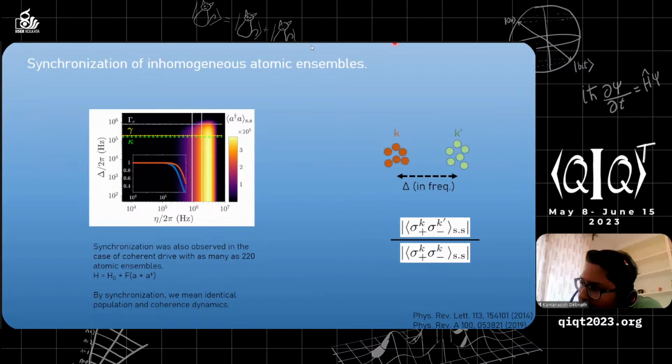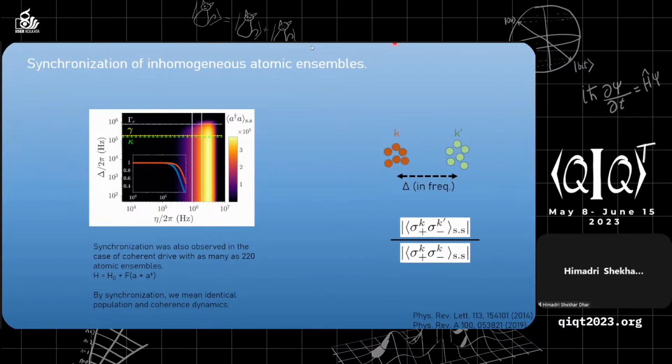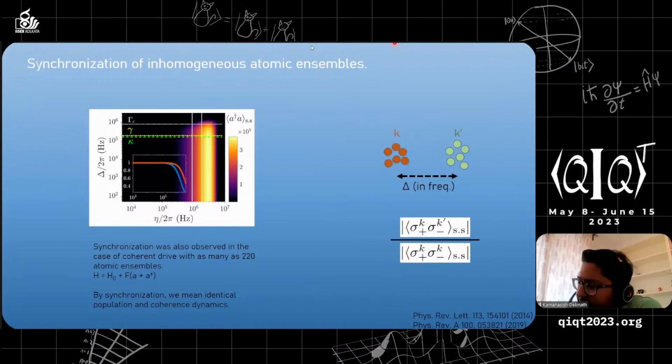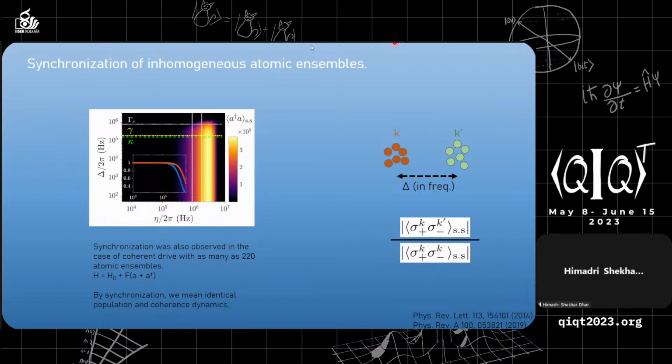So a superradiant laser you can also see with few atoms, right? You really don't need to go to a very high number of atoms. Is that true? Yes, but the question is how many is fewer atoms and how many is more atoms? What I mean is, can you go to a smaller number so that you can use permutational symmetry to exactly solve the system rather than go to mean field?